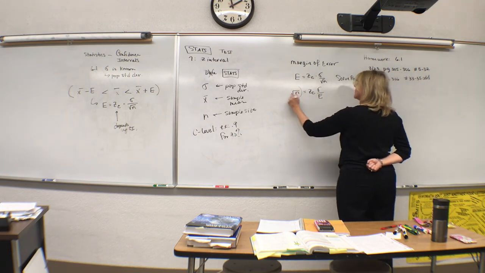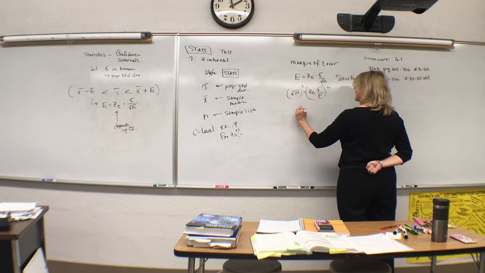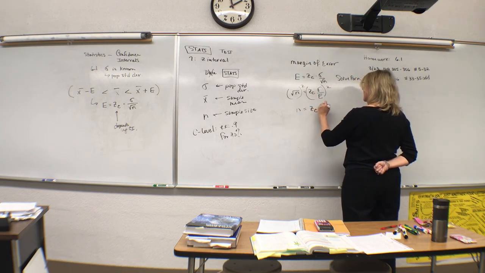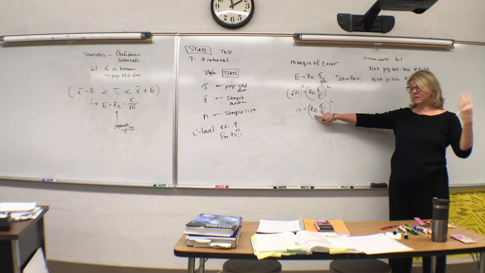So I'm going to square both sides. And this is where you find the definition in the text: n equals z sub c sigma over capital E, quantity squared.